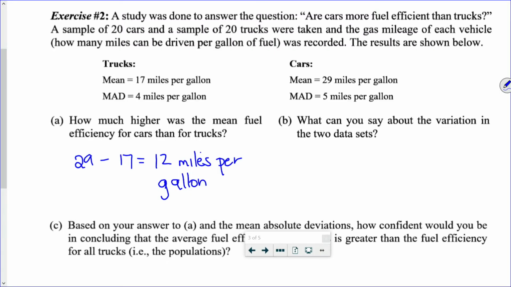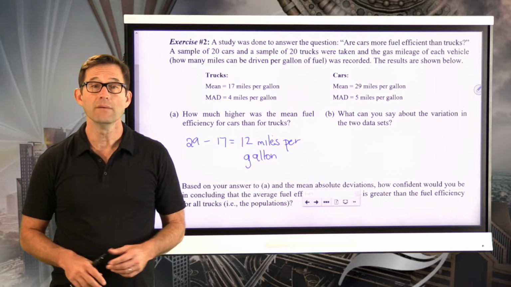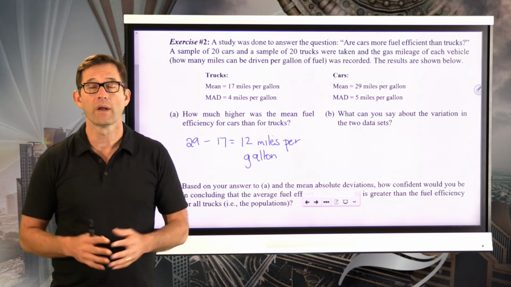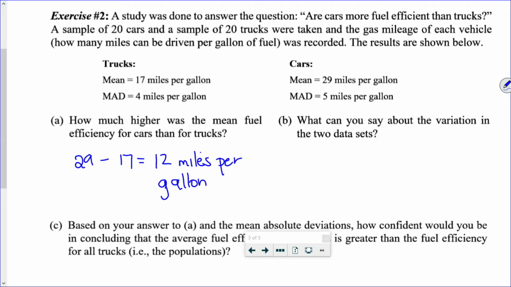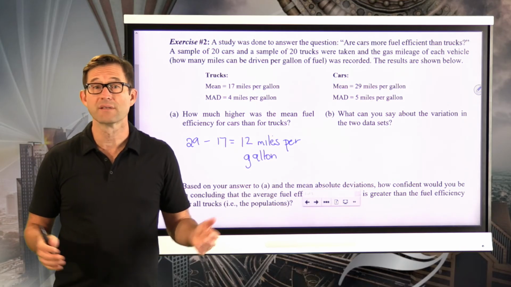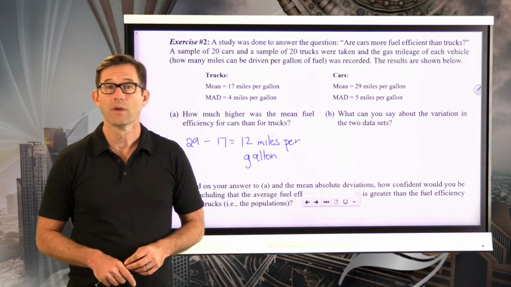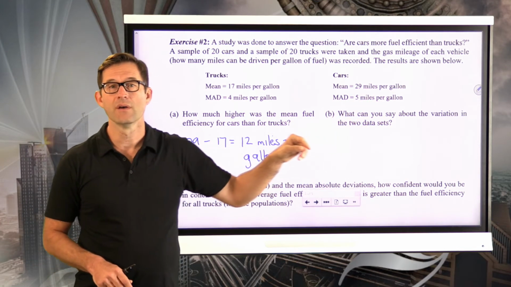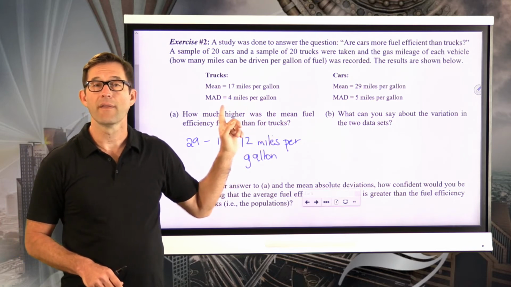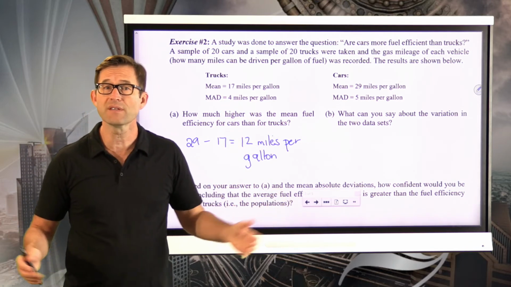What can you say about the variation in the two data sets? All right, simple enough, right? Why don't you go ahead and try to answer this question? All right, well, I think I can say that the variation was roughly the same, right? 5 miles per gallon of a MAD for the cars, 4 miles per gallon on the MAD for the trucks, roughly the same amount of variation.